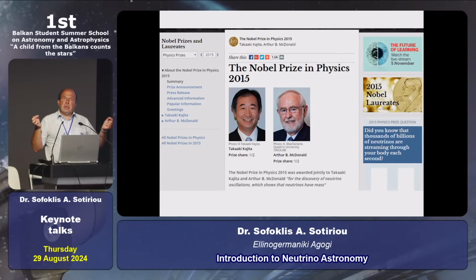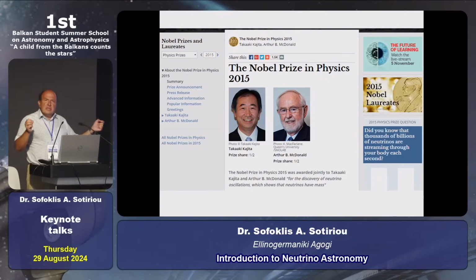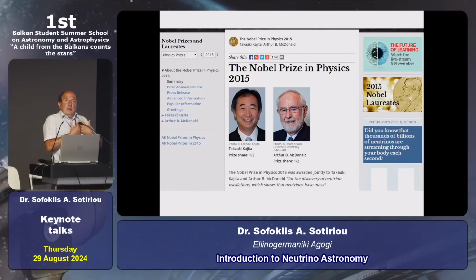We have just set some limits, and we are able to know that they have mass because we are able to see this phenomenon, the oscillations of neutrinos, the change, let's say, of the particle from one member of the family to another while they are crossing the matter. And in this way, we estimate the difference between the masses of the different, let's say, relatives in this family. But this is still a very big problem.